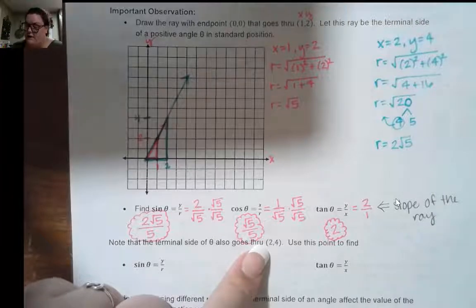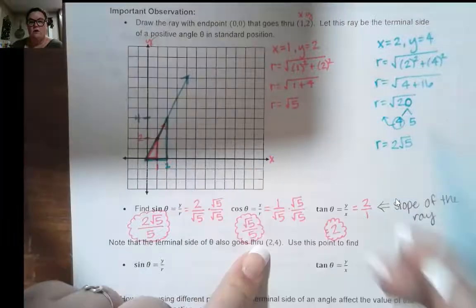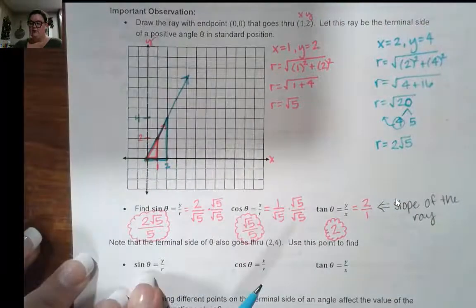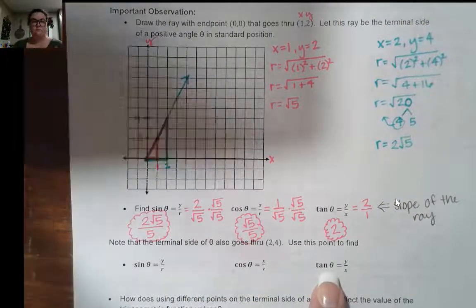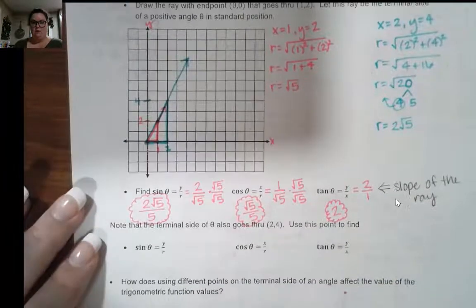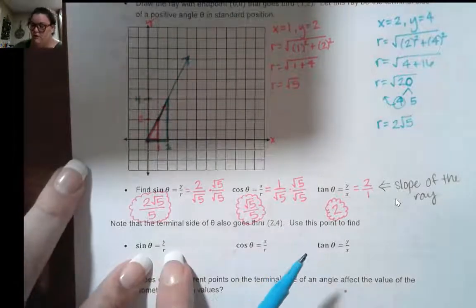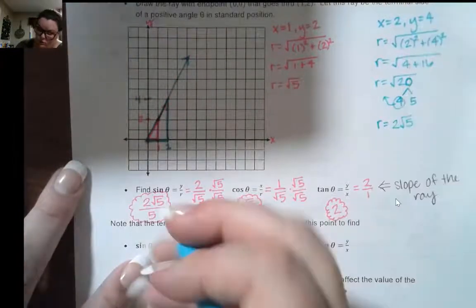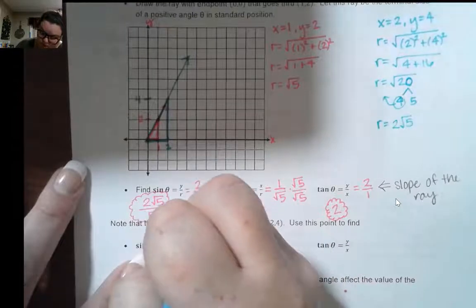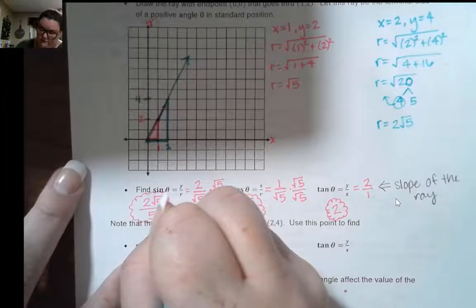All right, so now that I have my x, my y, and my r for this bigger triangle, I want to calculate my sine, cosine, and tangent values and see how they compare to when I did it the first time, okay? So for my sine, when I do y over r, my y value is now 4 over my r, which is 2 square root of 5.